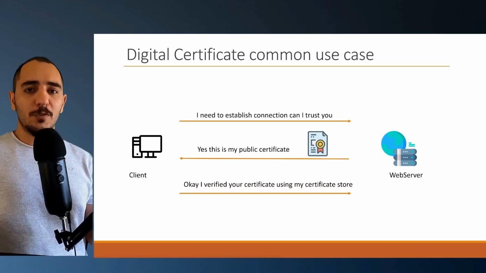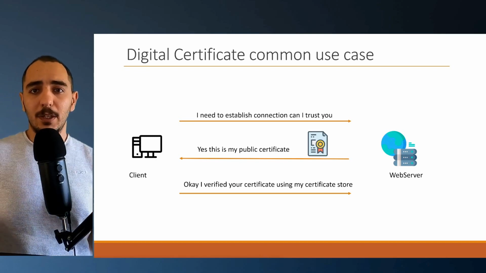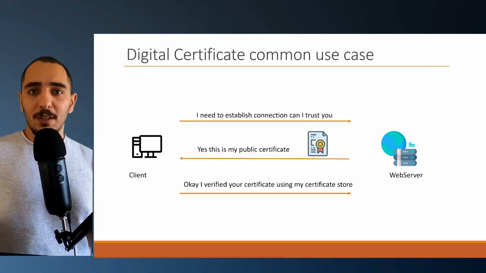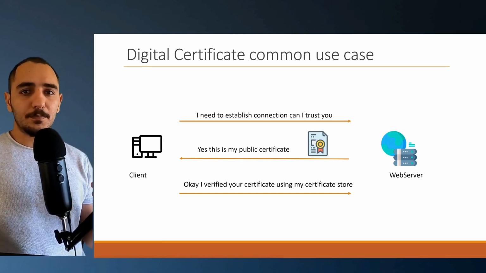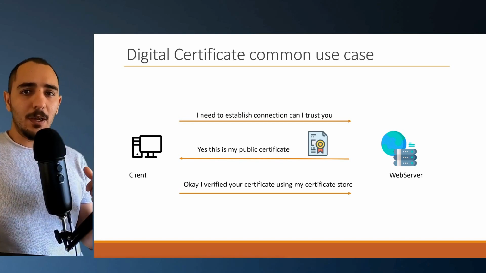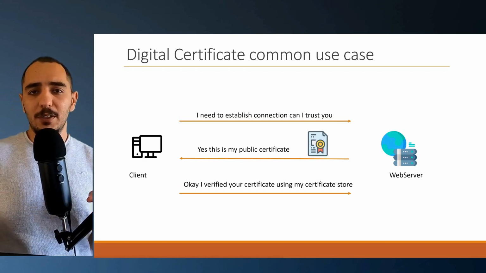If it's a Windows, if it's Mac, other operating system, and this store would contain a list of trusted public CAs. So the client would check in its certificate store and would verify if this certificate has been signed by a verified CA.